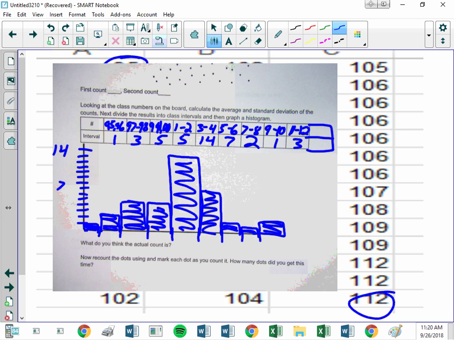And this middle one is from 103 to 104. So that's actually not there anymore. Oh, that's not what I meant to do.